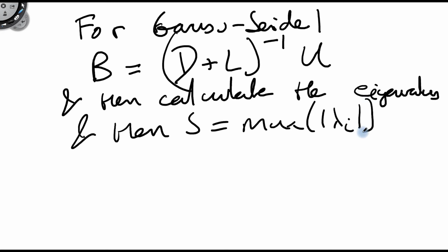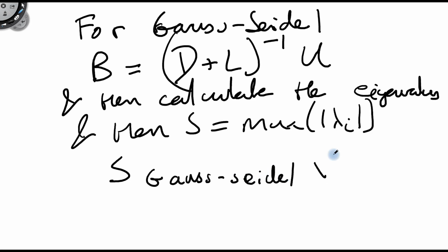S for Gauss-Seidel should be less than S for Jacobi. Okay, and I'll leave that as an exercise for you to try in your own time.